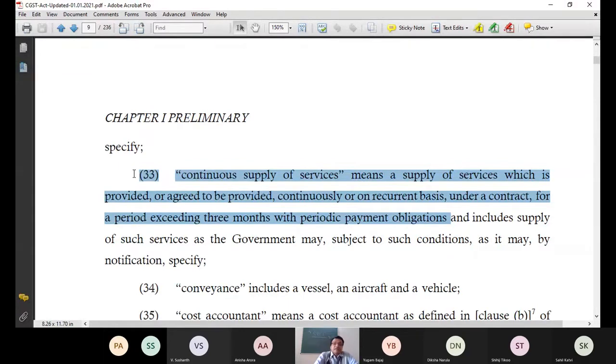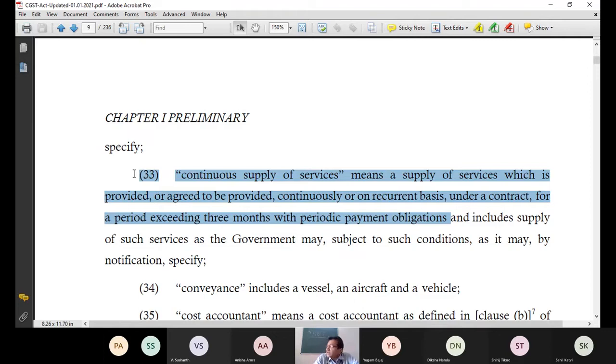In the last case, what was necessary? That supplier invoices the recipient on a regular basis. In this case, it is possible that supplier invoices the recipient only once. The bill will be issued only once, but it is necessary in case of service that the contract period is beyond 3 months and the invoice may be single.